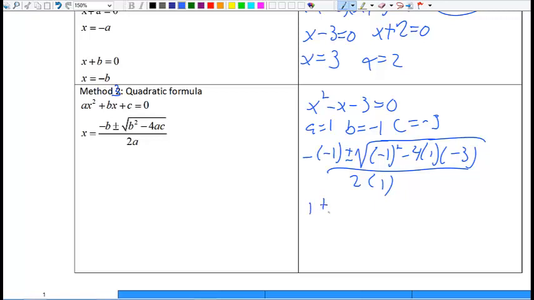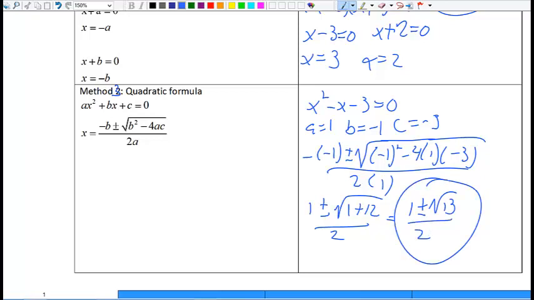So that's 1 plus or minus the square root of 1 plus 12 over 2. Which is 1 plus or minus the square root of 13 over 2. And that's perfectly fine. That's not going to simplify down to a nice pretty number.